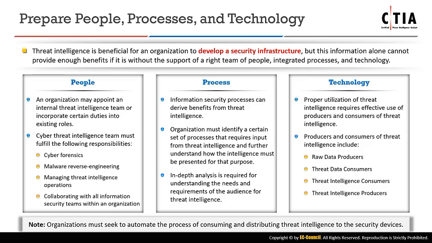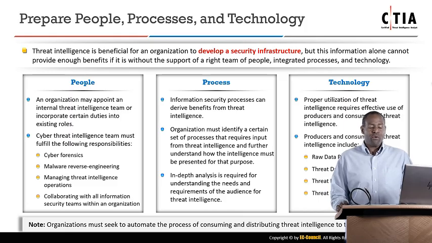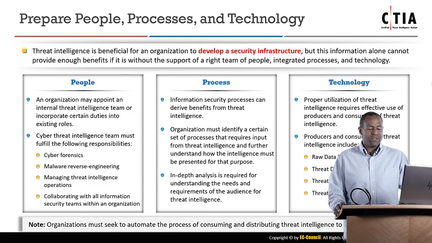And so we have threat intelligence consumers, and these are people that take threat intelligence and they're going to take that and use it in various parts of the organization to help with security. Lastly, we have the threat intelligence producers, and these are the ones who are not taking in the threat intelligence that has been produced by the organization, but rather they're producing based upon the information that they have. So those are threat intelligence producers.